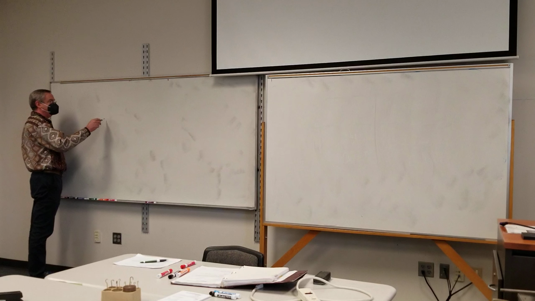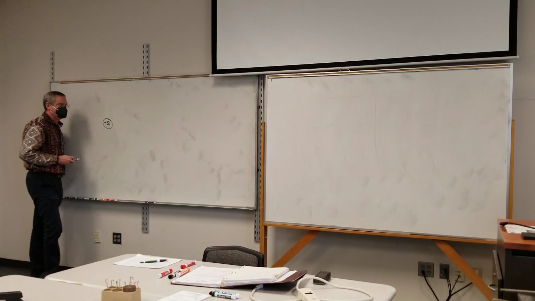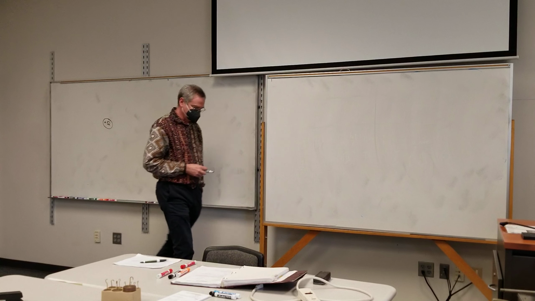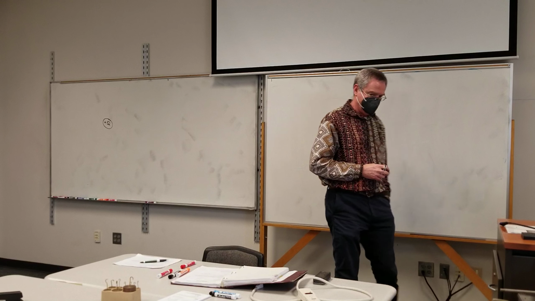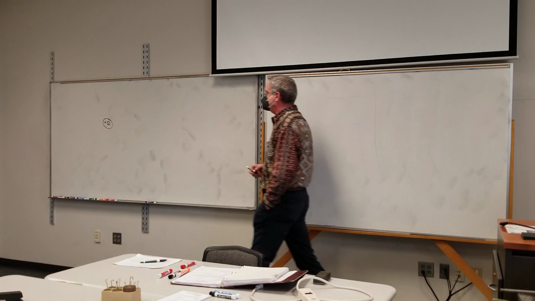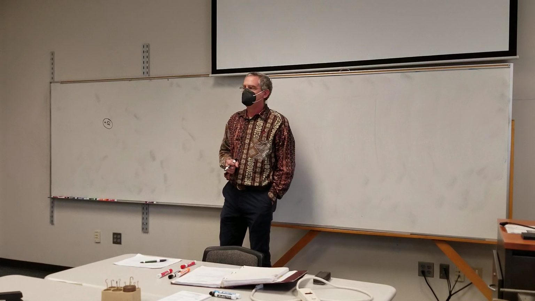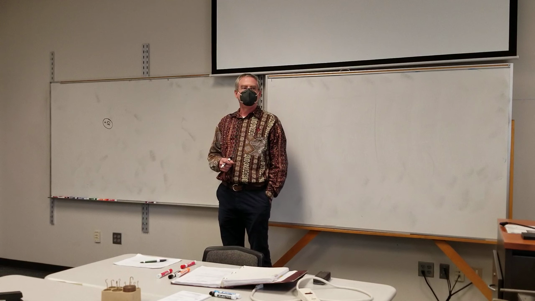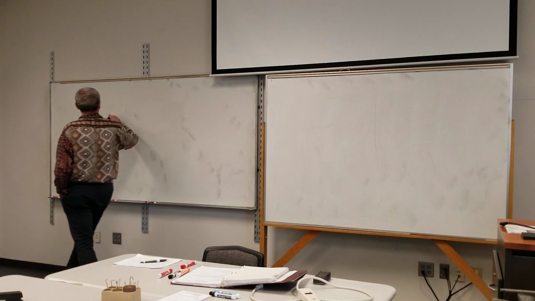I have some positive charge here. Assume Q is a positive number. What can you tell me about the electric field? It's pointing away. Okay, so an electric field pointing away.